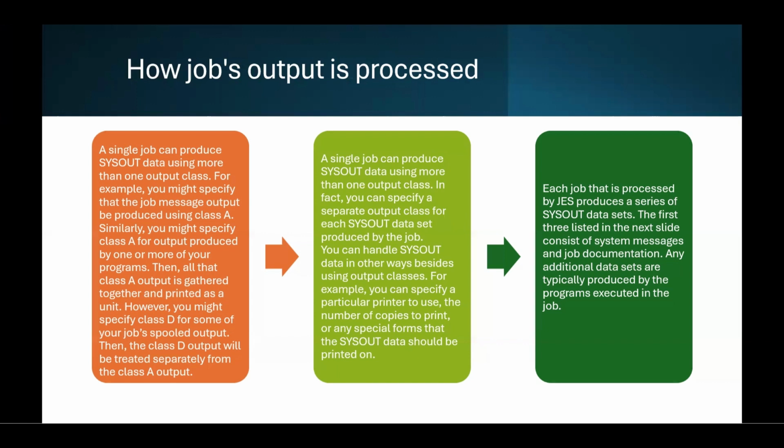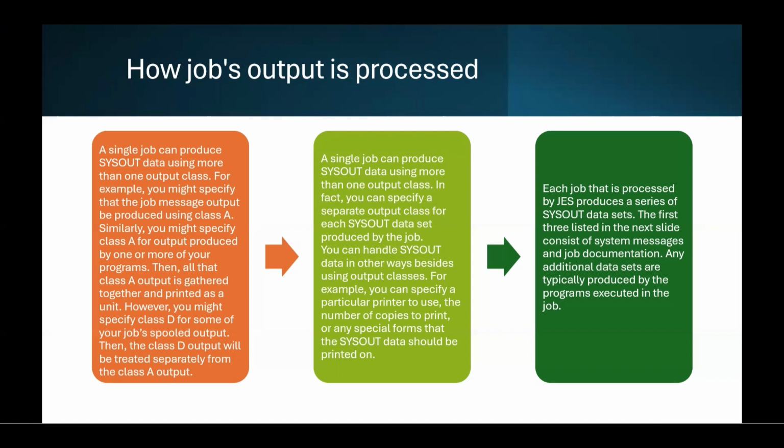In fact, you can specify a separate output class for each SYSOUT data set produced by your job. For example, you have a big job with different SYSOUT parameters or SYSOUT messages, so you can have different classes for each SYSOUT data set produced by the job.